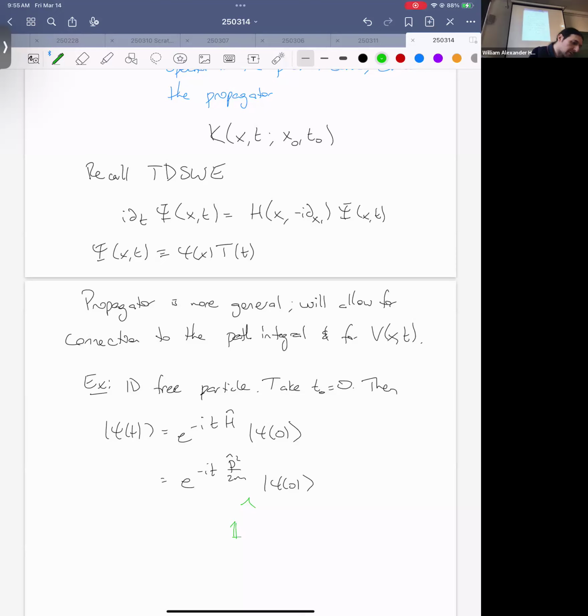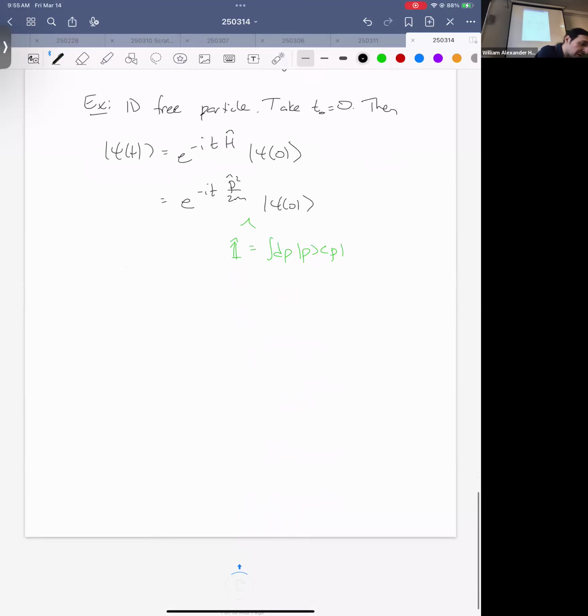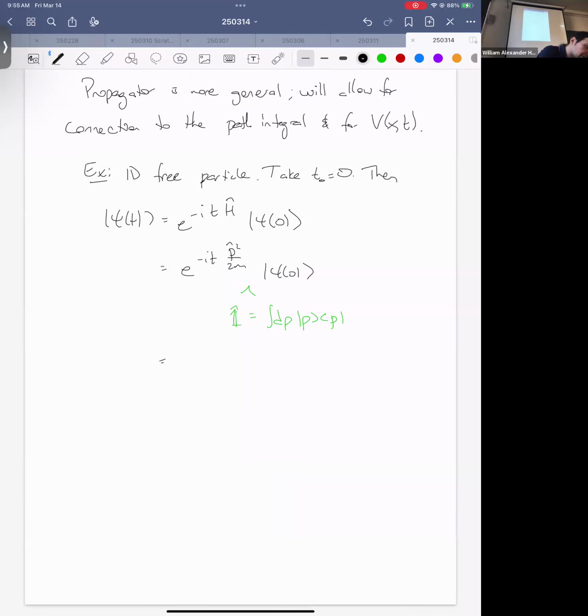So I'm going to insert a 1, which is an integral outer product of momentum. By definition, these are eigenstates of the momentum operator. And so I'm going to get integral dp e to the minus i t p squared over 2m. And then the inner product of p with psi of 0. And then the p ket.